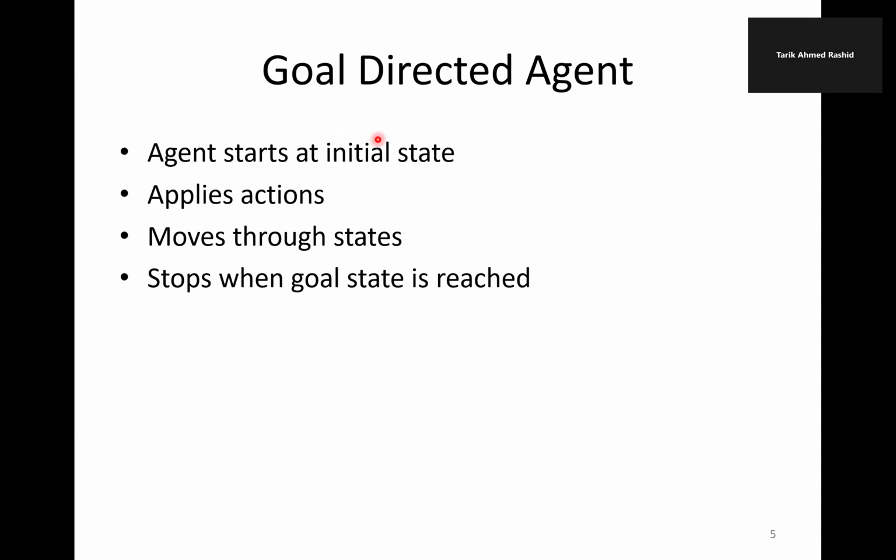In the goal-directed agent, earlier we talked about how the agent starts at the initial state and, through the actions, changes from one state to another state until it arrives at the goal state.